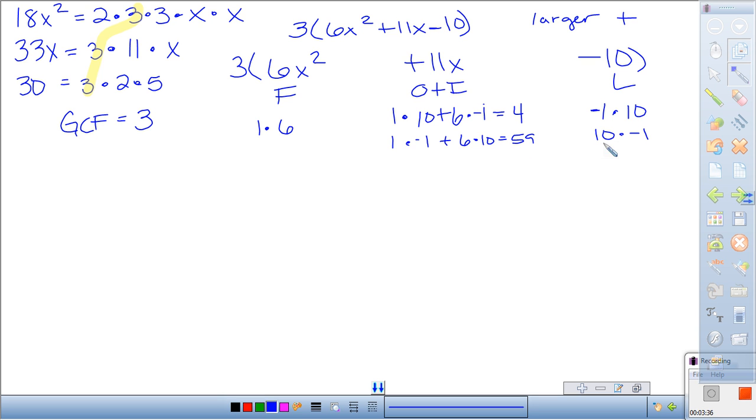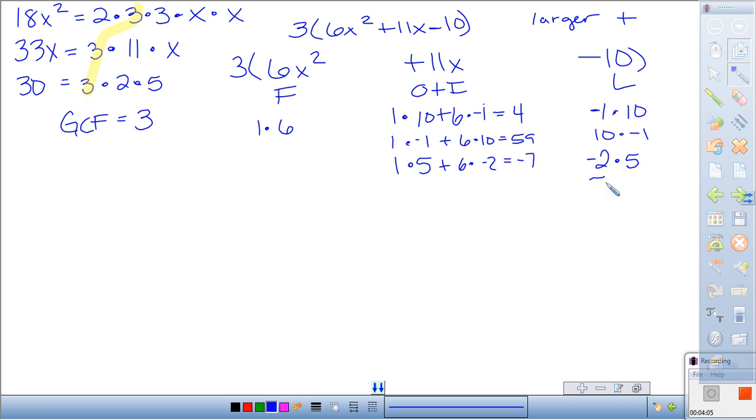So let's try some more factors of 10. 2 times 5 would give us 10. Remember, we want our larger number to be positive, so our middle is positive, so I'll put the negative on the 2. And we'll use 1 times 6 again, so outer 1 times 5 plus inner 6 times negative 2. 1 times 5 is 5, 6 times negative 2 is negative 12, and 5 and negative 12 is negative 7.